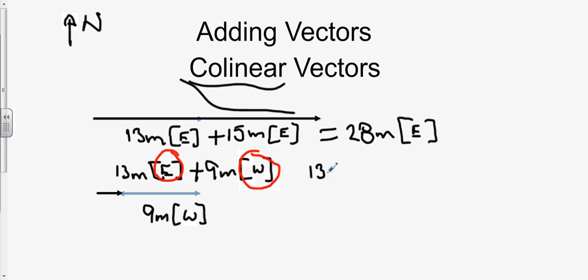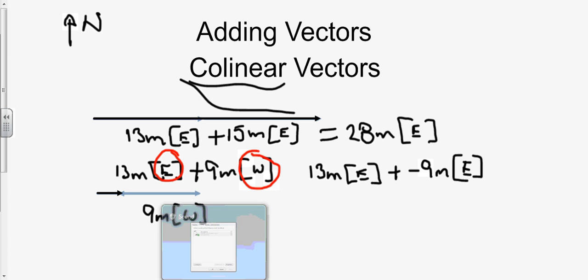So 13 meters east plus negative 9 meters east. What have I done? Well, what I've done is fairly straightforward. I've taken the negative east to represent west. They are equivalent.